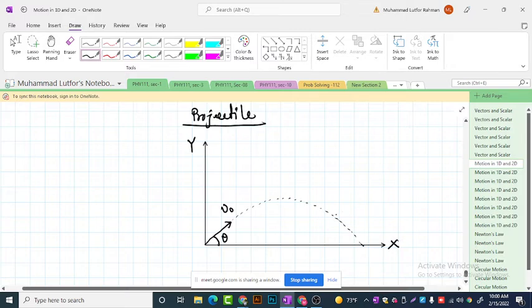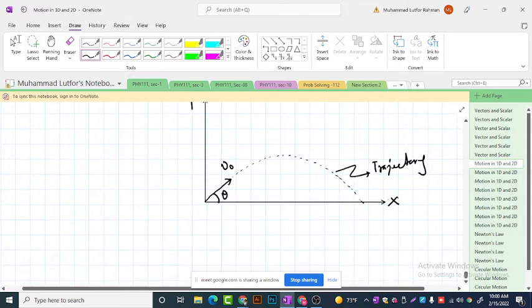That path we call the trajectory. And when we talk about this case, right now it's a two-dimensional motion.